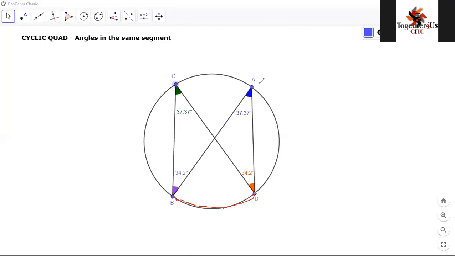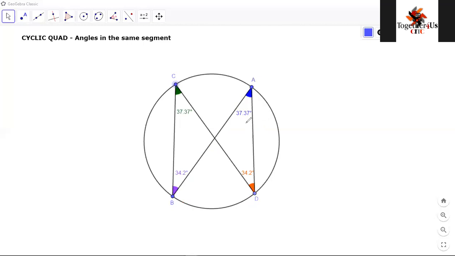And you see that if you trace the arms of angle A, they are hanging right on chord BD. And the same thing happens if you trace the arms of angle C here. You can see they are hanging on chord BD. We call these angles subtended by the same arc, but commonly, they are said to be angles in the same segment.